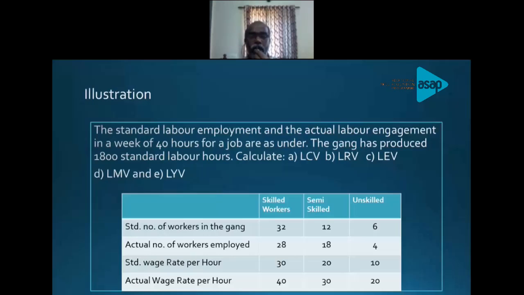The total is 50. Actual number of workers 28, 18, and 4. That is also 50. So you remember the total standard number of hours is 50 into 40, that is 2000, and the actual number of hours, that is also 50 into 40, 2000.